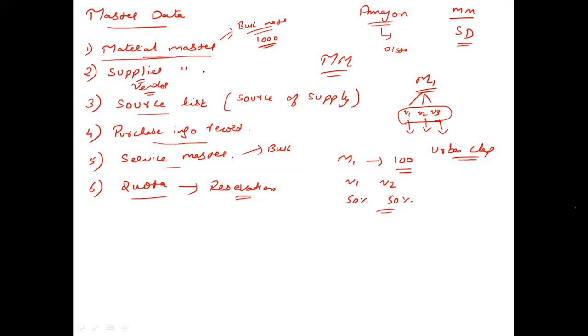Next weekend we'll have a discussion on supplier or vendors. The week after that, we'll have a discussion on source list and purchase info record, and so on. Each and every master data we'll be discussing each week. Right now, let me discuss material master, which is a type of master data.